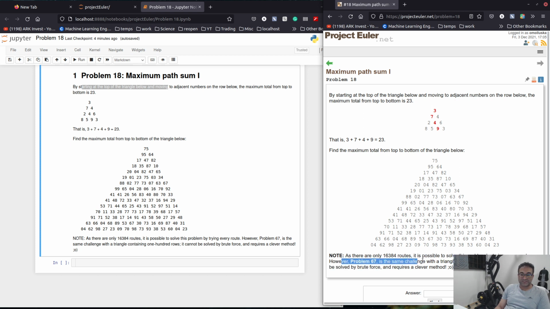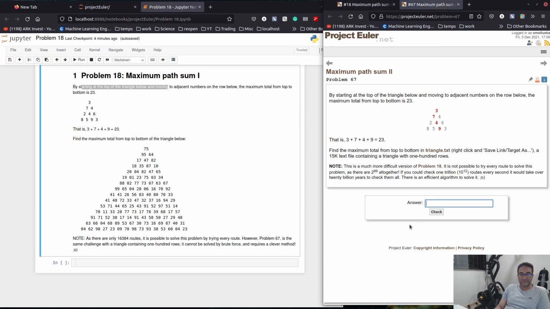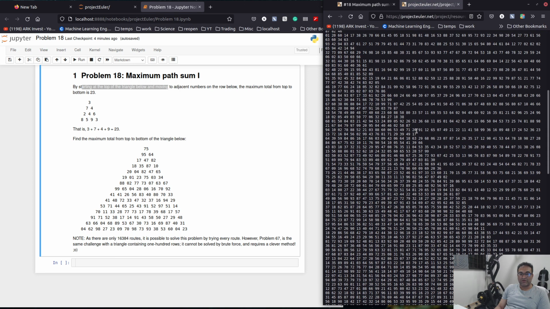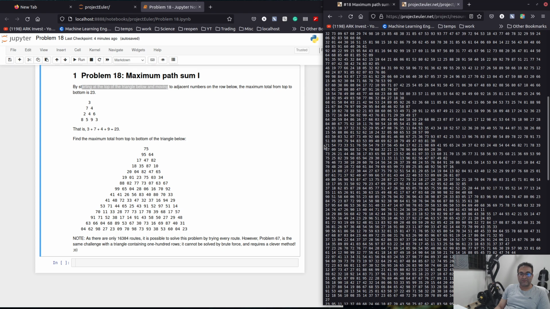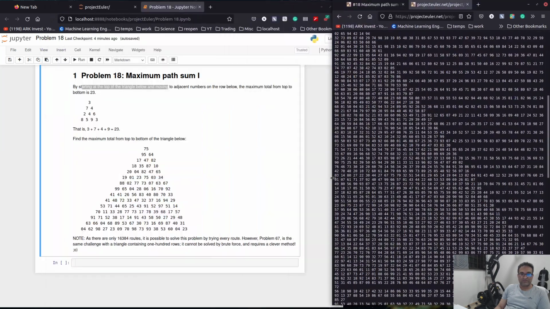However, problem 67 is a 15K text file containing a triangle with 100 rows. Wow. Okay, this is humongous.